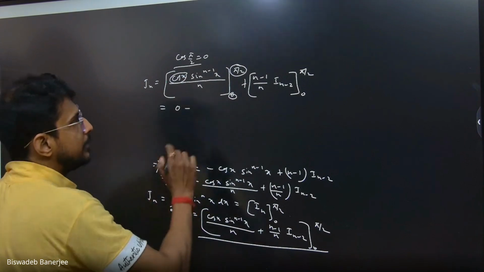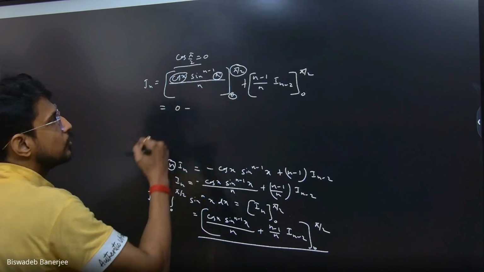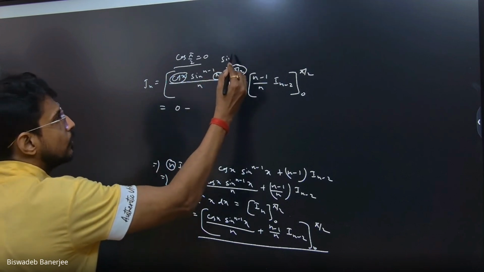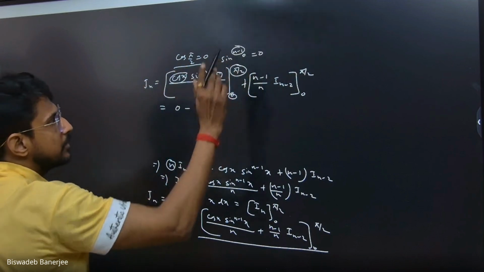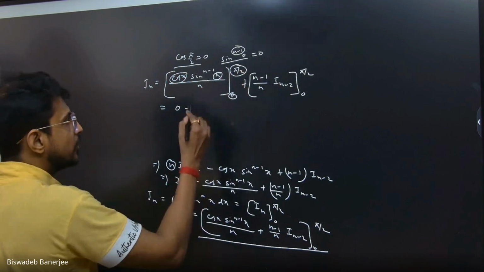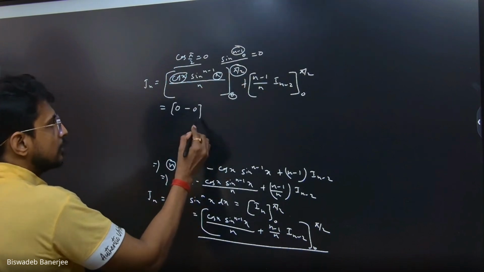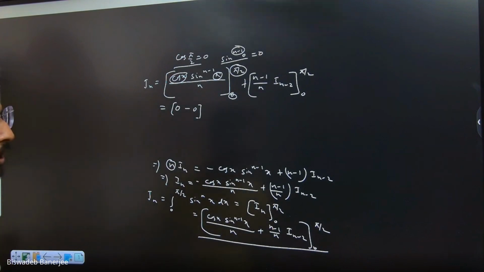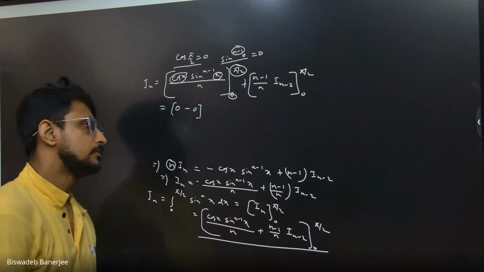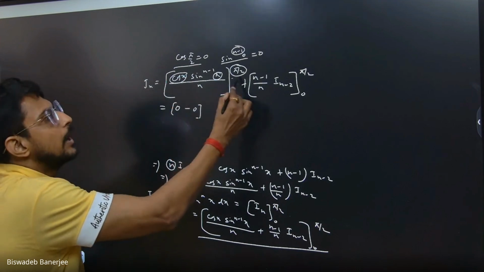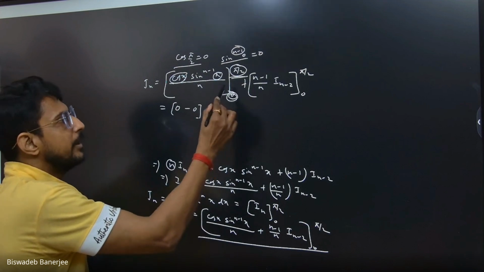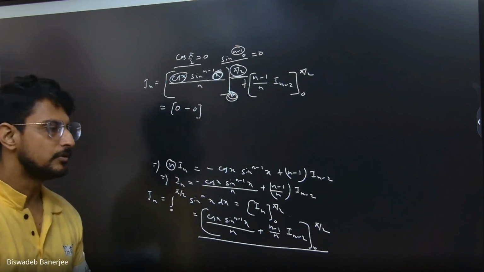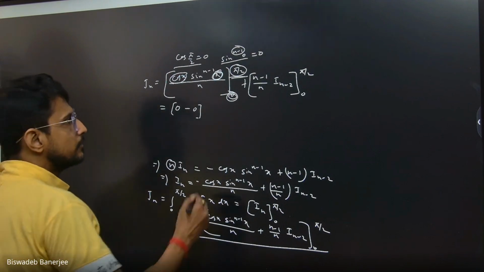And for the lower limit, if we put x equal to 0 here, sine 0 is 0, whatever be the power. So my upper limit and my lower limit are both equal to 0. Again, if we put the upper limit here, cos pi by 2 is 0, and if we put the lower limit 0 here, sine 0 is 0. So everything is 0.